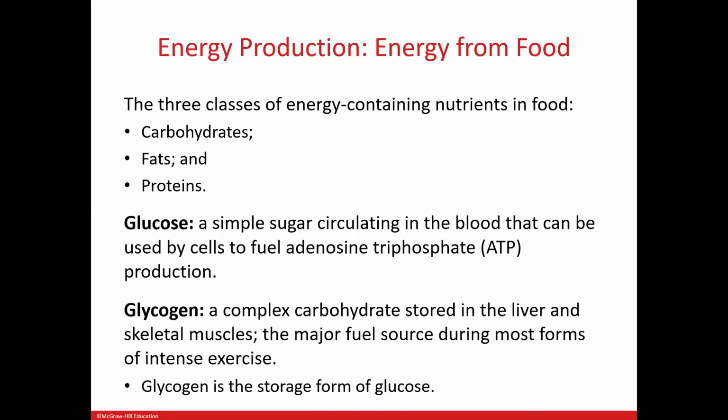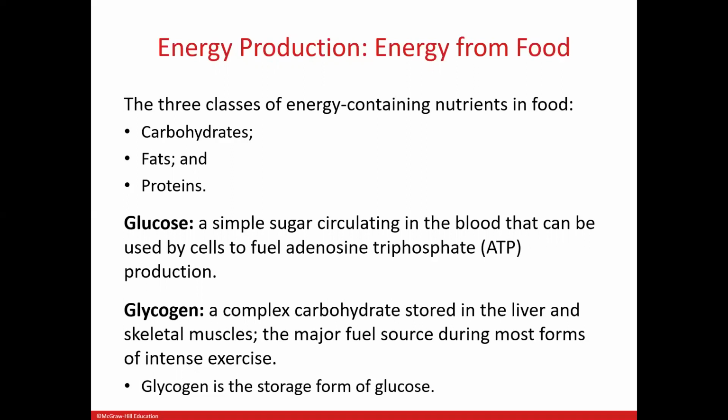So glucose is just a simple sugar circulating in the blood, and it fuels the ATP, or adenosine triphosphate, production. And glycogen is a complex carbohydrate which is stored in the liver and also skeletal muscles, and it's a major fuel source during intense forms of exercise.